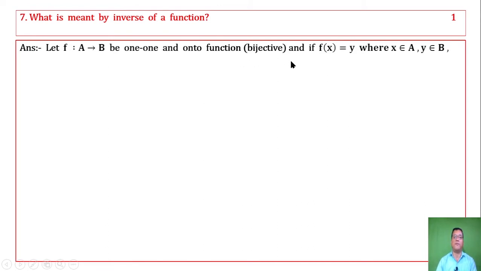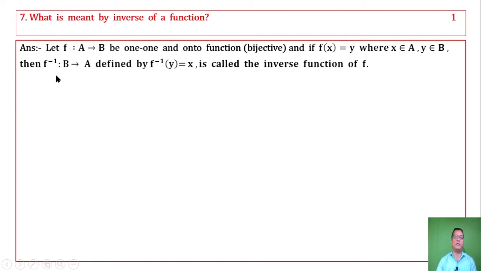And if f of x equal to y, where x belongs to A and y belongs to B, then f inverse is a function from B to A defined by f inverse of y equal to x, and is called the inverse function of f.